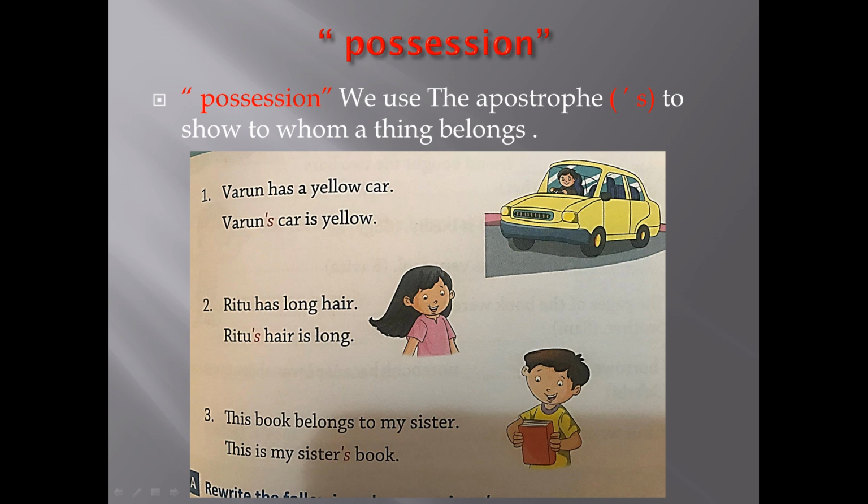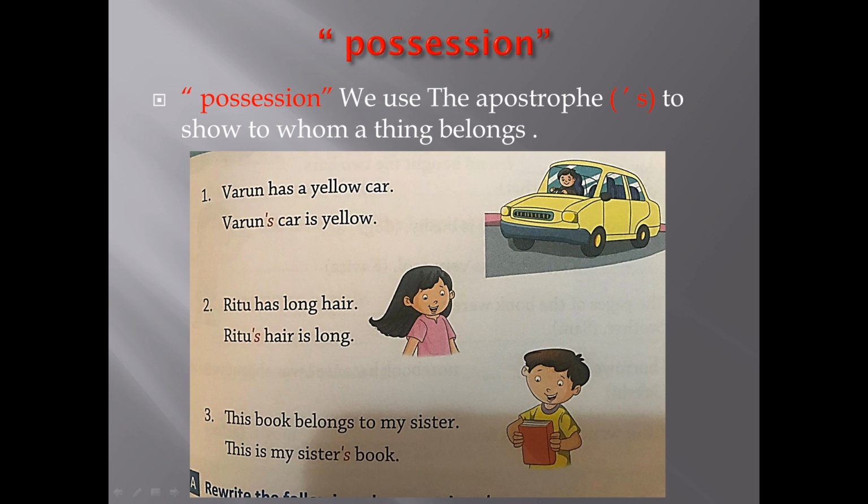So Varun, in this picture, has a yellow car. I can say two sentences: Varun has a yellow car, or I can use the apostrophe instead. I will say Varun's car is yellow. This girl is Ritu.